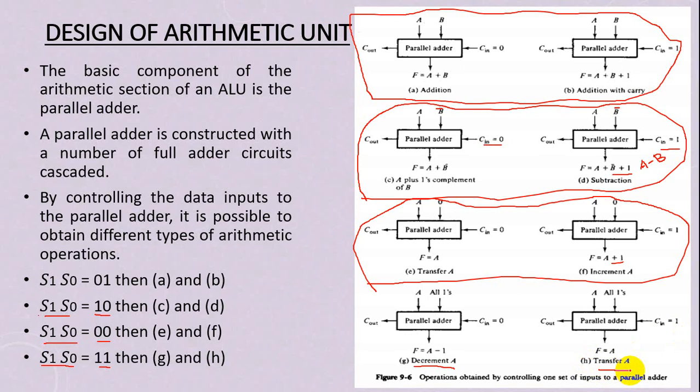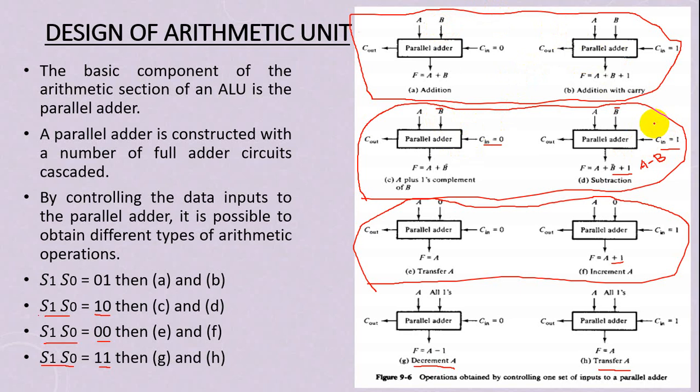So what we see? For different selection combinations, we get different outputs. Depending on the first selection combination, at that time we don't change A and B, and we get two different operations. For the second selection combination, we modify B to B bar. Only we change B in this case.